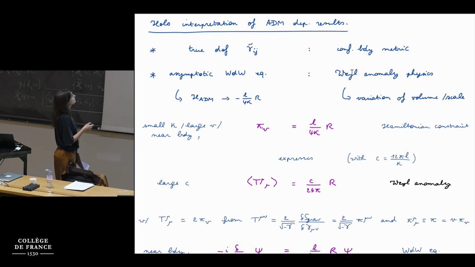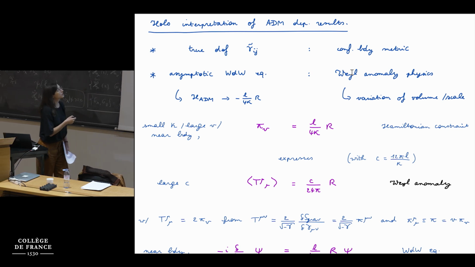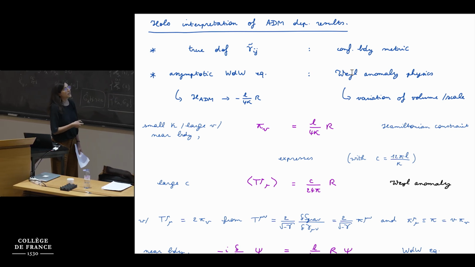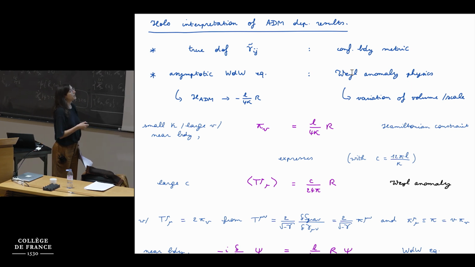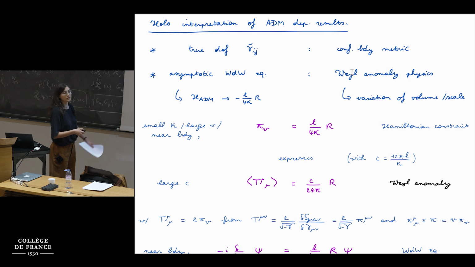And the Wheeler-DeWitt equation, or at least the asymptotic Wheeler-DeWitt equation, contains Weyl anomaly physics of your dual CFT. By Weyl anomaly physics, I mean the behavior of that dual CFT under variation of scale or volume.